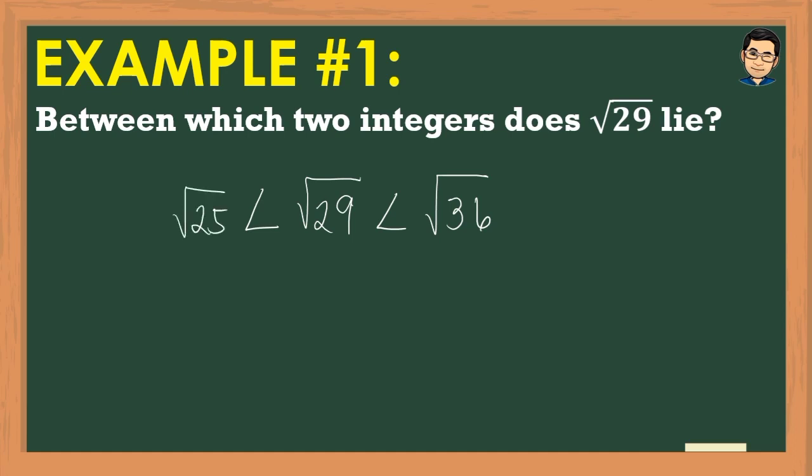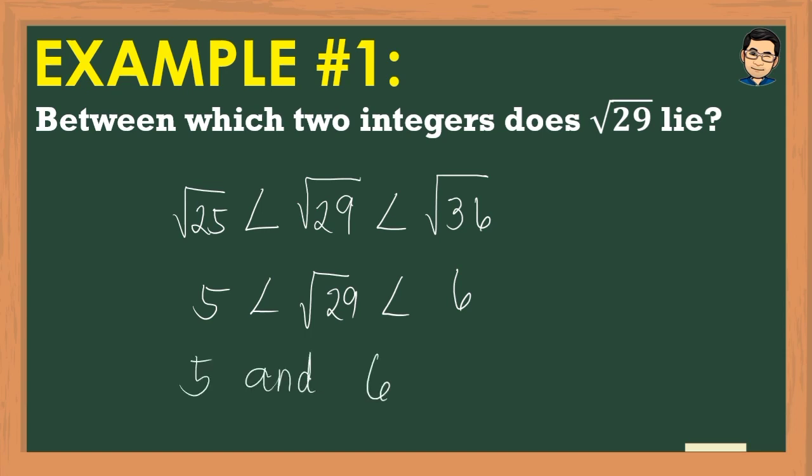Now, what is the square root of 25? That is 5. The square root of 36 is 6. Ibig sabihin lang po nito, yung dalawang integers na hinahanap natin na kung saan nakapaloob yung square root of 29 are 5 and 6. So, ito po yung ating final answer.